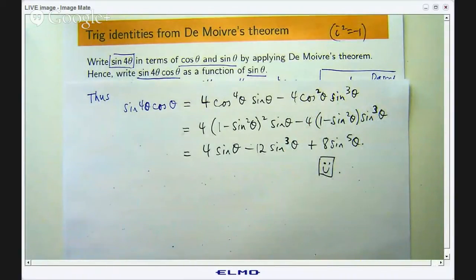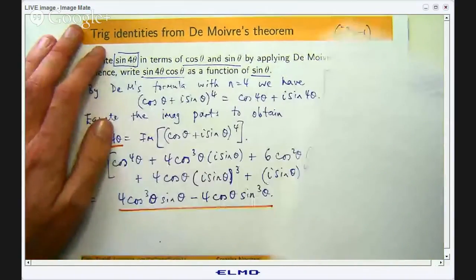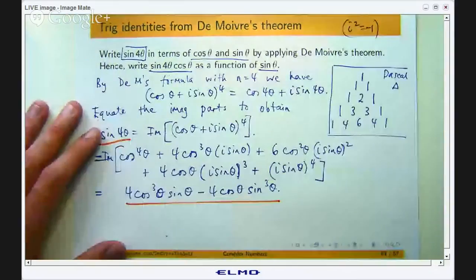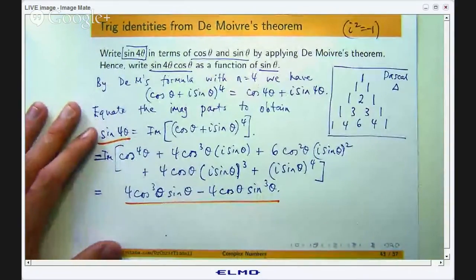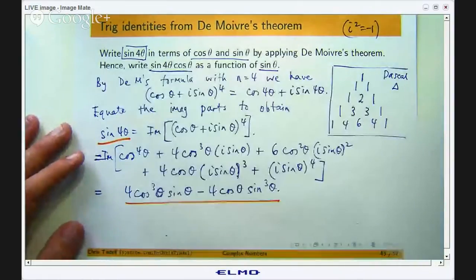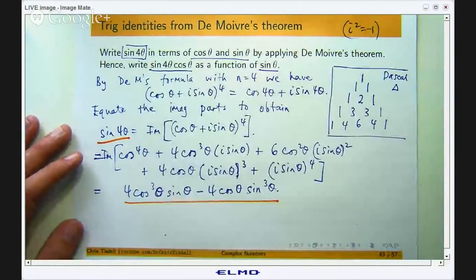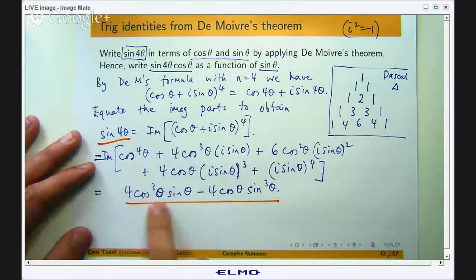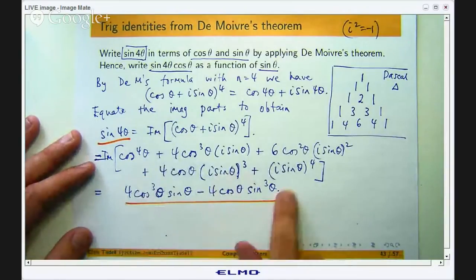Okay, so a good question now is why would you want to do something like that? What is the significance in the question and what you're actually doing here. Well, one way of doing it is thinking about, say, integration. Suppose you were wanting to integrate this expression.